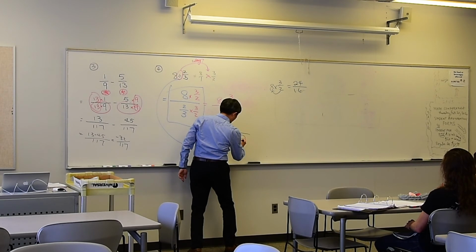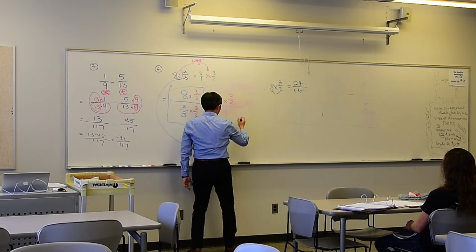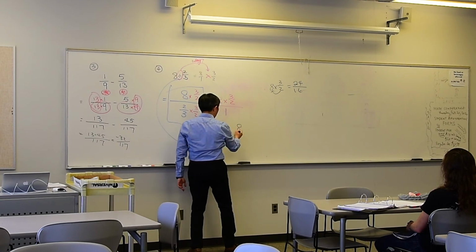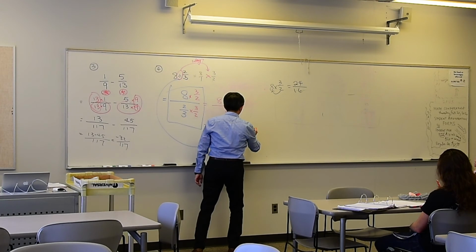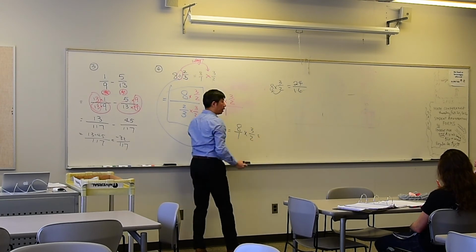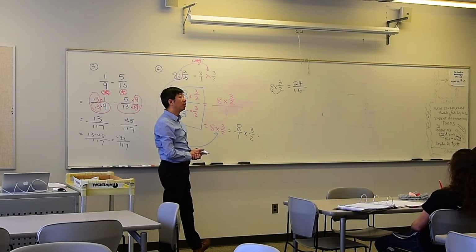We keep the denominator, and the reason we're not doing this is because we take a actually over 1. Is that right? And then times what? 3/2. Numerator times numerator over denominator times denominator. That is the meaning of a fraction multiplication. Does it make sense to you?